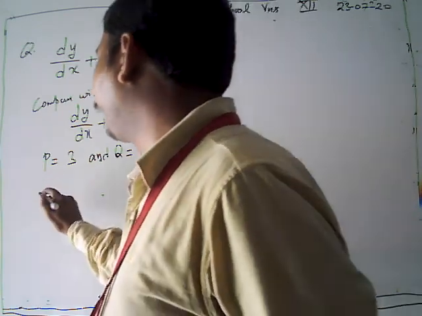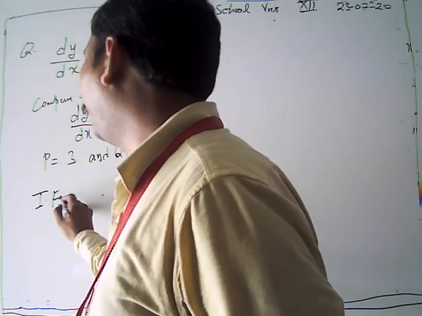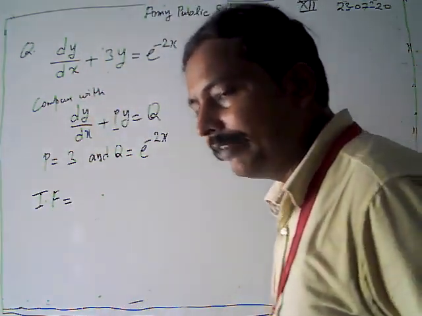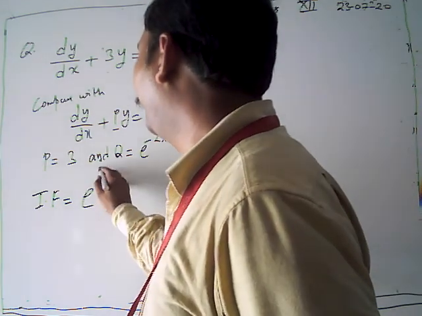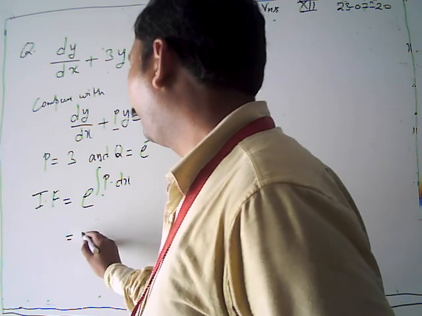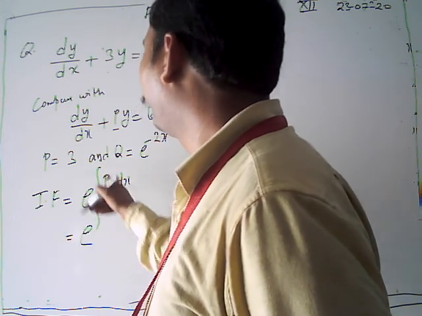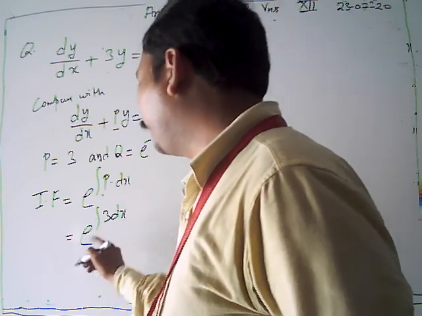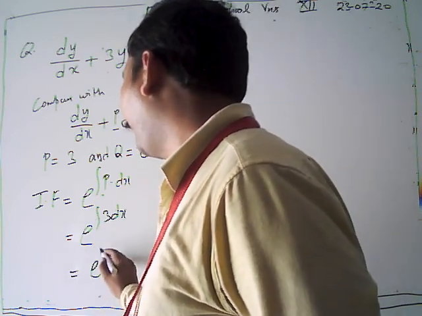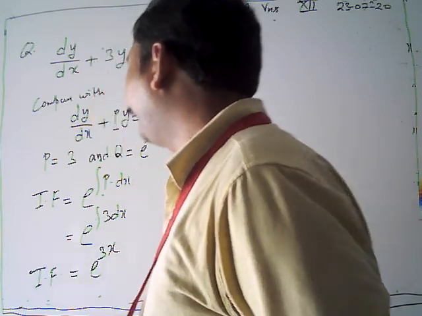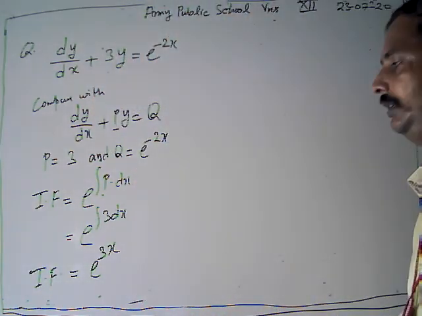Then we find its integrating factor, IF. It is given by e to the power integration of p dx, that is e to the power integration of 3 dx. Integration of 3 is 3x, so we get e to the power 3x.